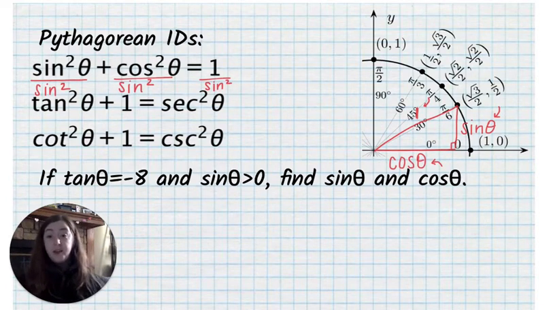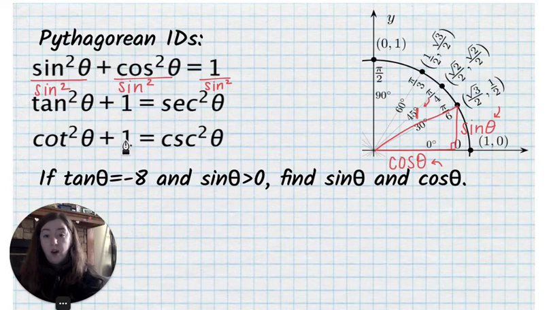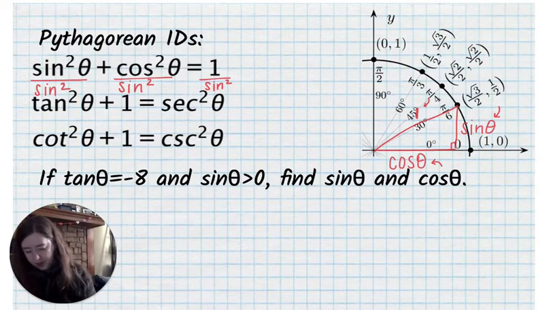Sine squared divided by sine squared gives us 1 right here. Cosine squared divided by sine squared gives me cotangent squared. And 1 over sine squared is cosecant squared. So that's how we get the rest of those. I'm going to go ahead and erase this.